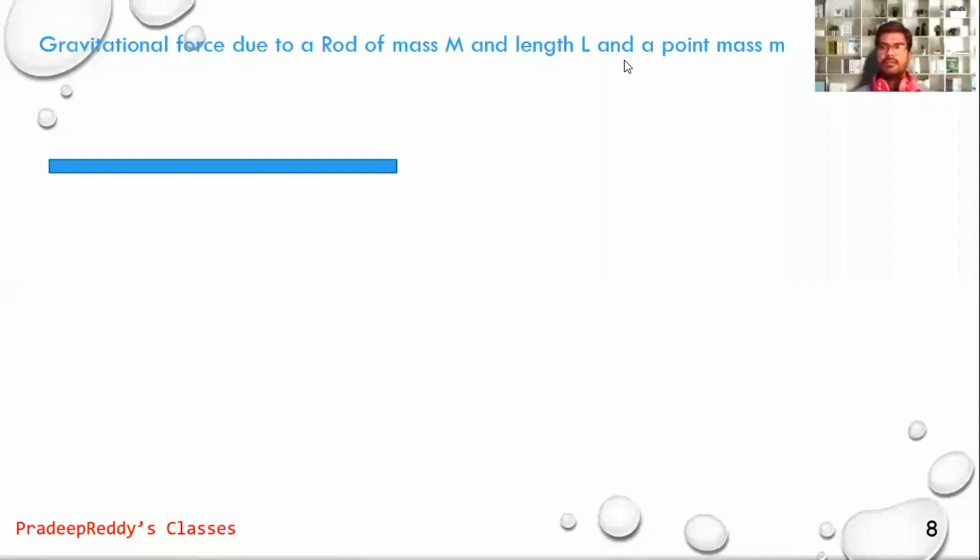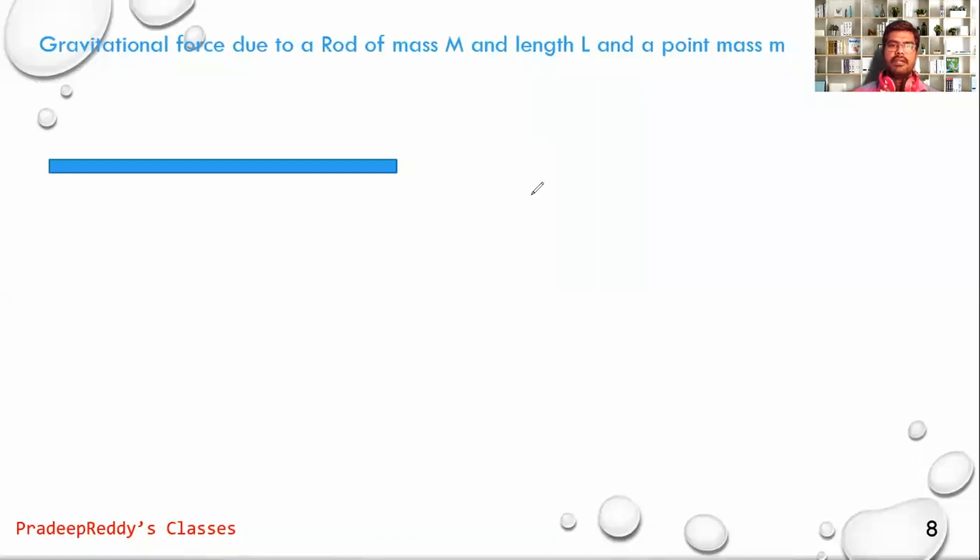Students, in the last session, we learned how to calculate gravitational force acting between 2 point masses. But when we are dealing with extended masses, gravitational force acting between two extended masses, or one extended mass and one point mass, in such cases you cannot directly use the gravitational force equation, because it is applicable for 2 point masses.